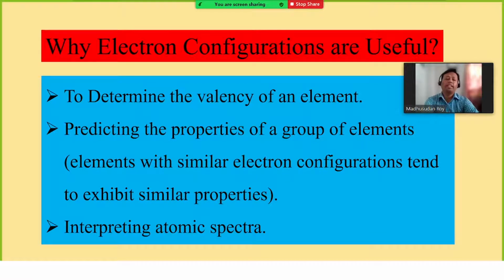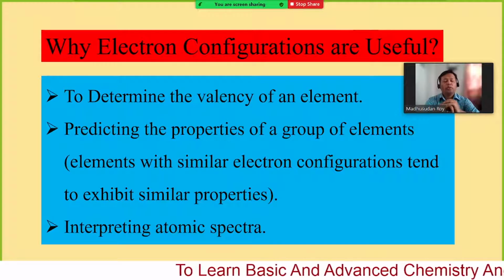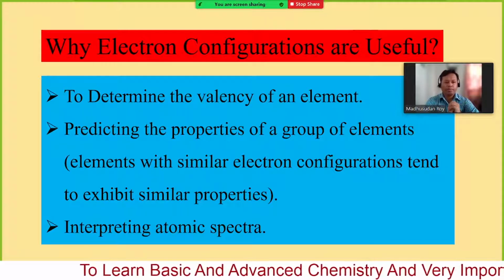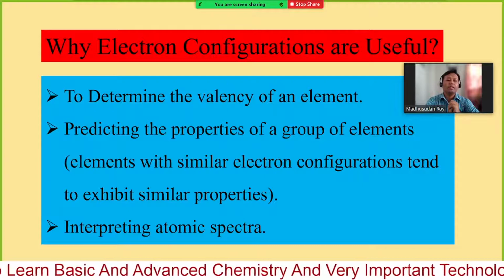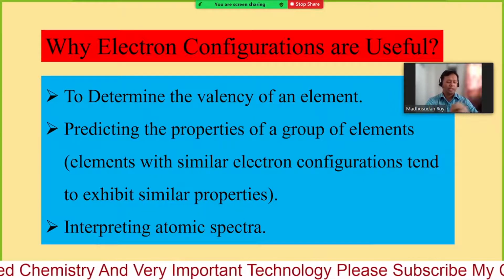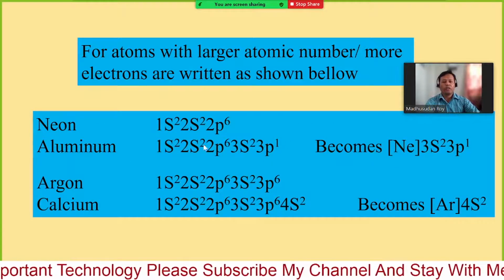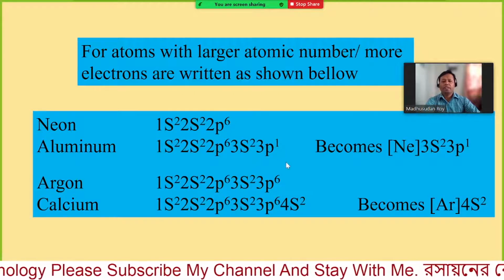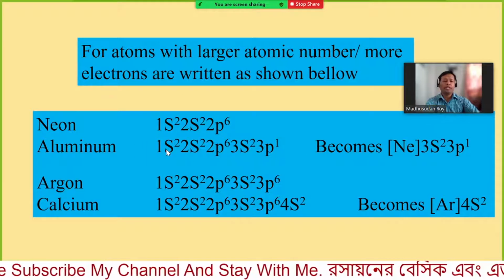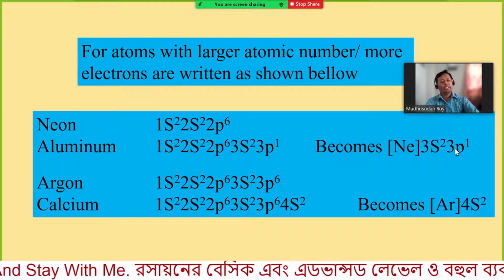Now, why are electron configurations useful? Why do we need to learn electronic configuration and what is its importance? If you know the electronic configuration of any atom, you can easily define the valency of that element. This is the electronic configuration of aluminium, either in this format or this format, anything is fine.